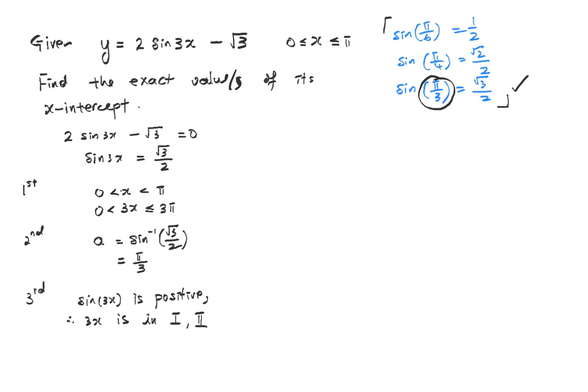Am I right? So you see, x can go 1 round and half round. So first quadrant, you should have 2 answers. Second quadrant, you should have 2 answers. So altogether, you got 4 answers. Am I right?